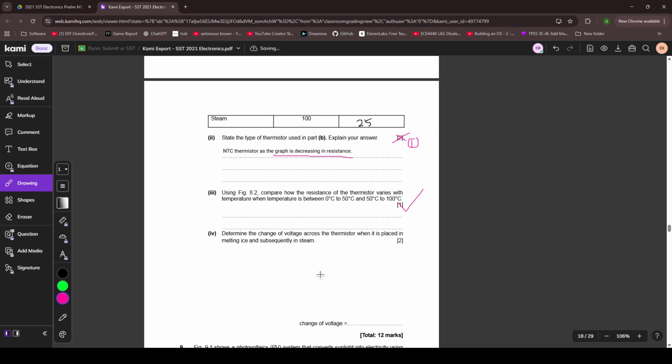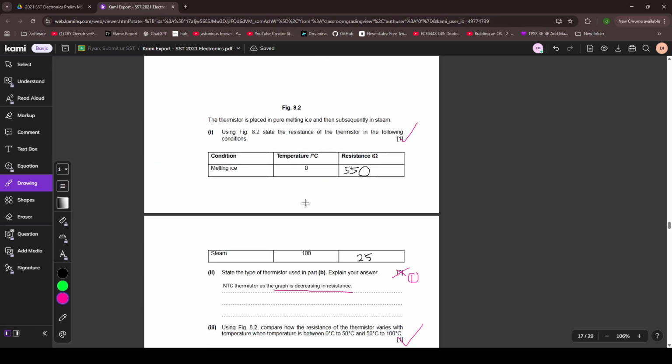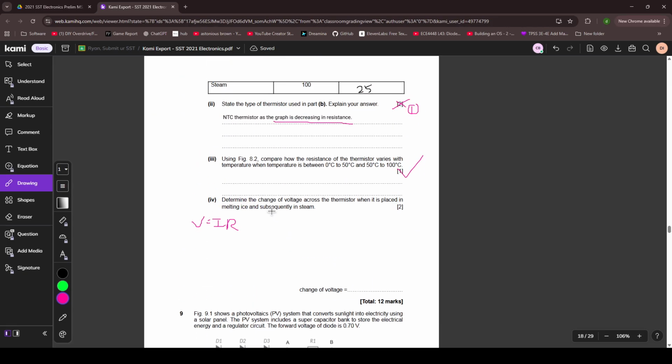Determine the change of voltage across the thermistor when it is placed in melting ice and subsequently in steam. So what you need to do is V equals IR, right? Do we know the current? Oh, we know resistance, but do we know the current? They're asking for voltage, yeah. So V equals IR.